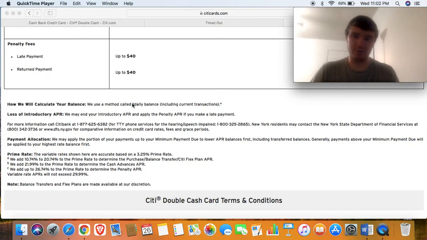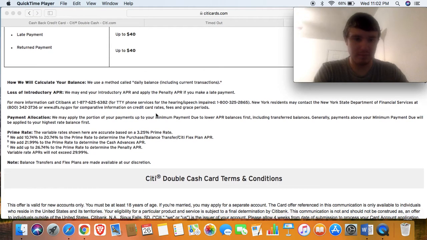And then as you reduce it, they charge on the new amount. It's complicated, but that's kind of how they do it. And then they go over loss of introductory APR. Basically, if you make a late payment, they're going to take away your introductory APR and sock you with the penalty APR because they want to punish you and make more money because you're risky. So be aware of that.